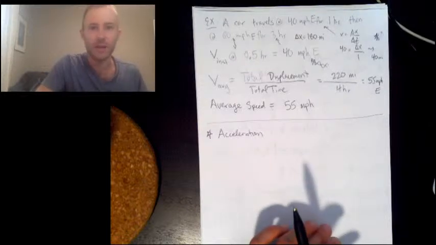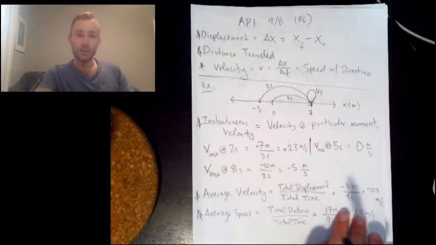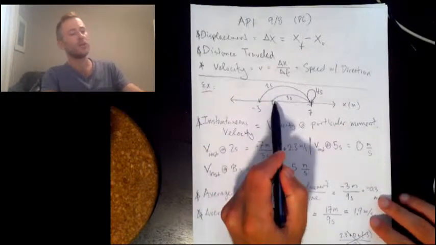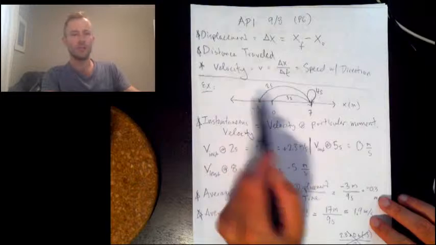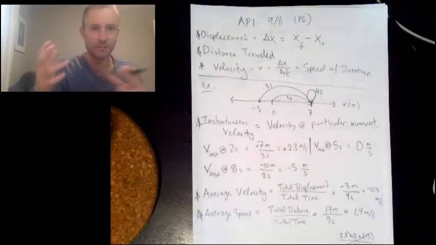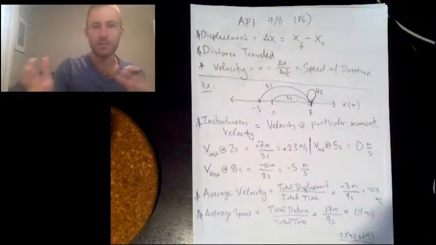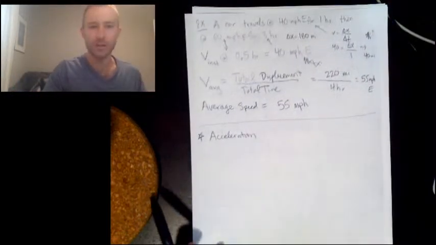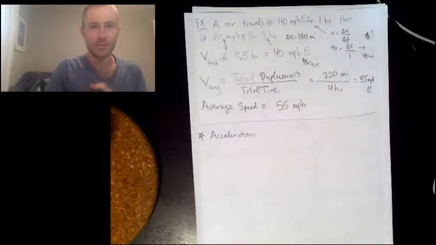Yep, that's exactly right. The difference between velocity and speed comes out when you're changing directions. So here the direction is changing. You go from left to right. So when you have displacements, you're going to have negative numbers, which is going to affect the answer. But if you're always going in the same direction, you're just adding those numbers together.